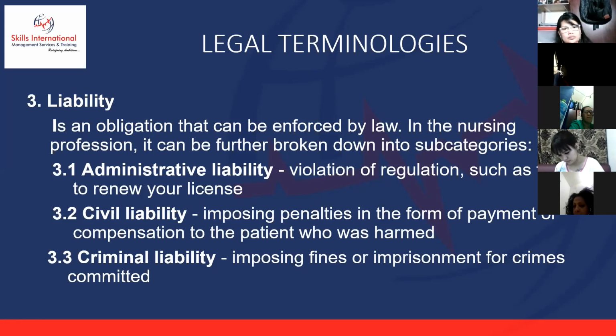If it happens that you are the one who caused the harm, you will have that penalty and you are going to pay the compensation to the patient who was harmed. Number three is the criminal liability, imposing fines or imprisonment for crimes committed. This is already the high end.